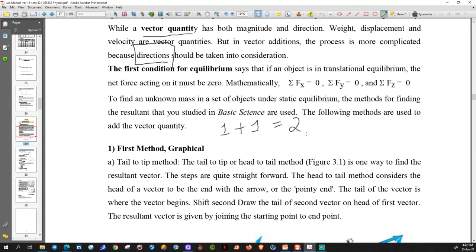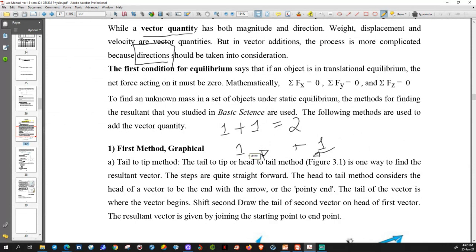But vector addition is different. If you have 1 going to the right plus 1 going to the left, because they are equal but opposite, this becomes 1 plus negative 1 equals 0. So the direction of a vector quantity will affect the final result.